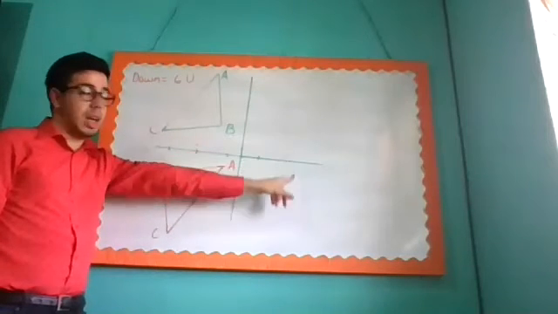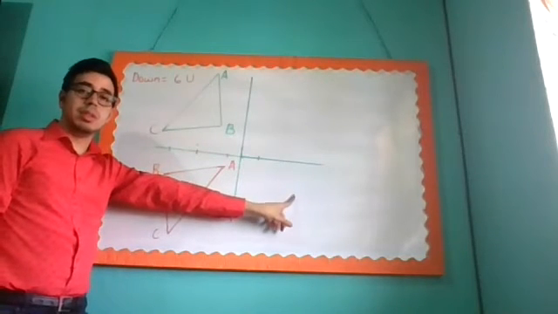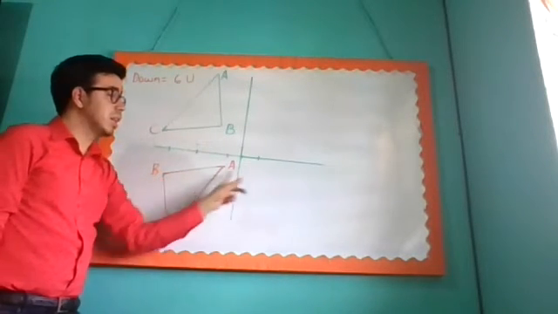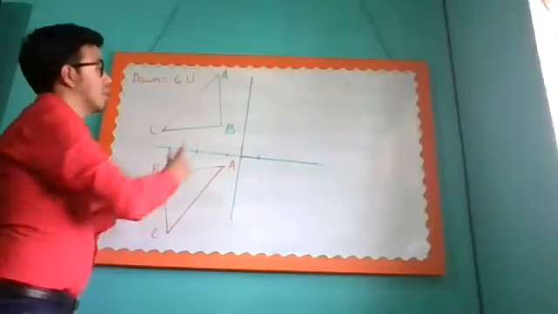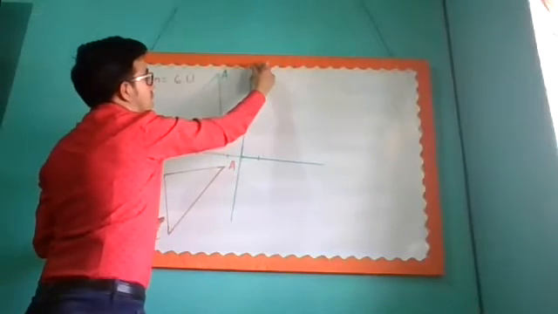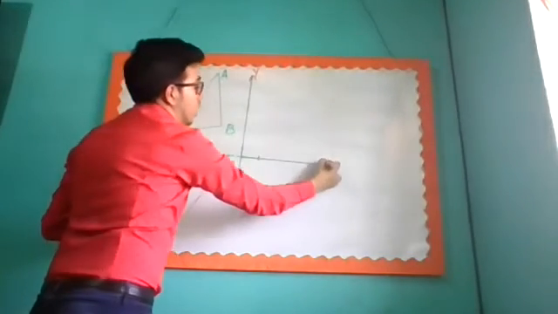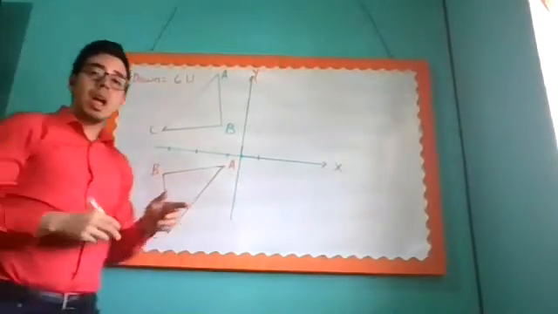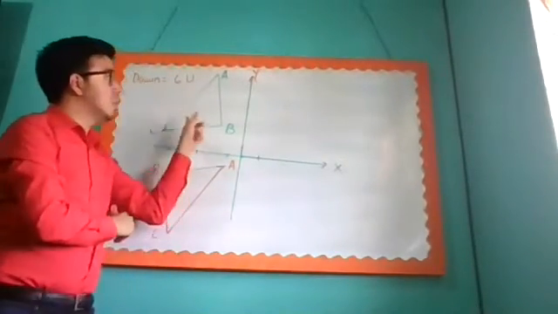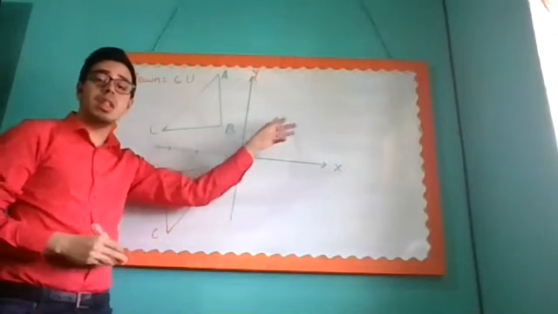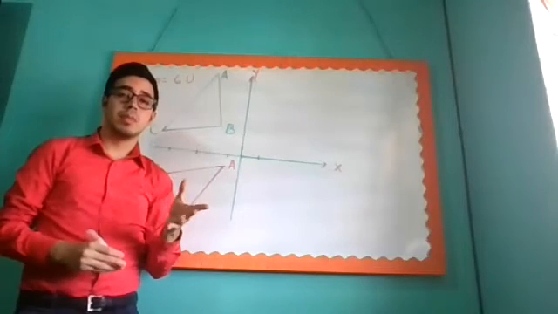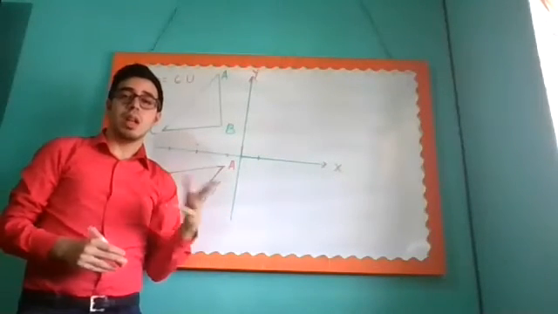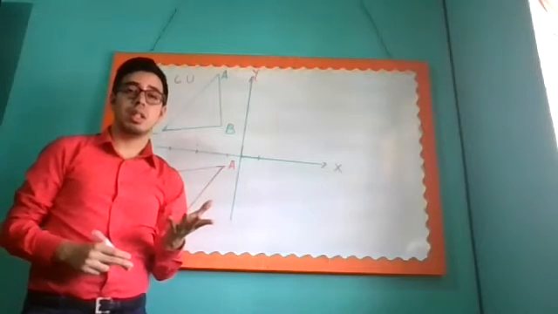Later, I pass it below, and later I can reflect it using the y-axis. I'm going to write the name for the axis. I didn't write it, I'm sorry. Y, this is x. Okay, why am I going to pass it first to this side? Because if I change the position, if I translate it, I can manage how many units I want to translate it.